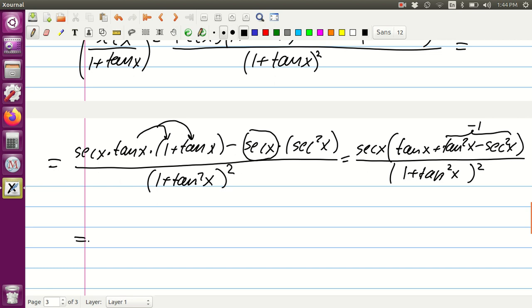Alright, so finally we have secant of x times tangent of x minus 1 divided by 1 plus tangent squared of x squared. Made a small mistake. This should be just tangent. Sorry about it. Alright. I think this is fine for the derivative of this function.